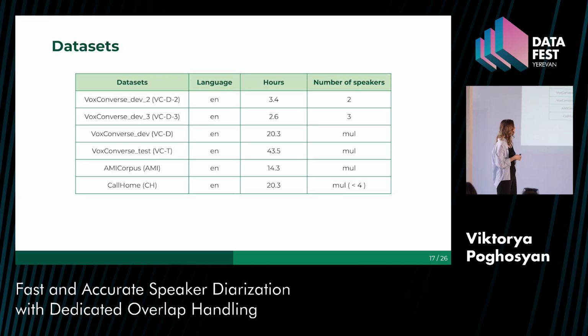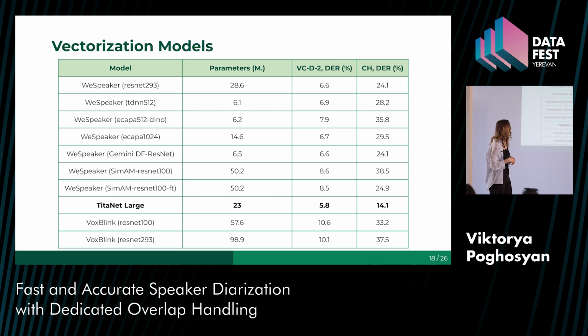We selected these open source datasets to test our system, and this slide represents the vectorization models with which we experimented, and on average, Titan large performs better. So the other results will be presented using that model.